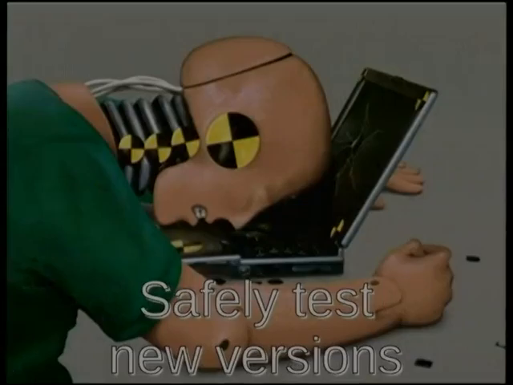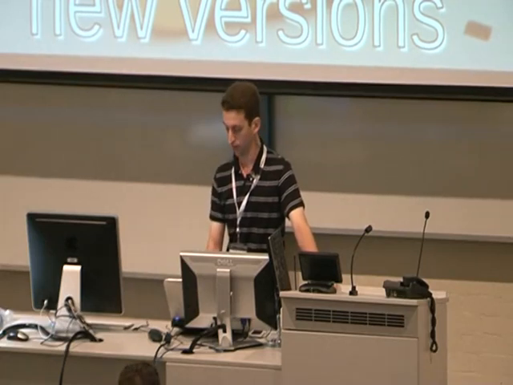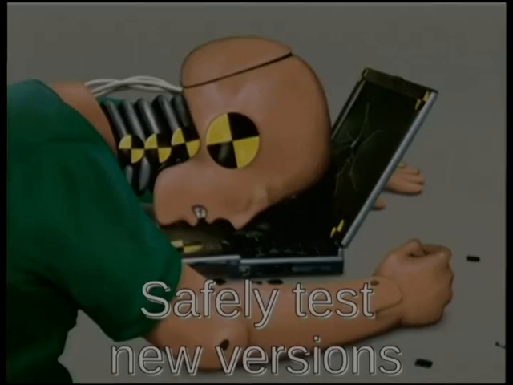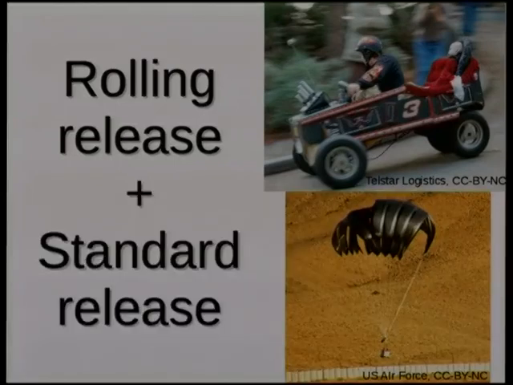You can go the other way around instead and install a new version of a piece of software and not make it the default, and instead carefully test it out, try it, see if it works, and then when you're happy with it, make it the default. So Syzix is primarily intended to be a sort of rolling release system where new versions of packages come along all the time. But you can still do standard releases where you sort of drop off a whole collection of packages at a known state.